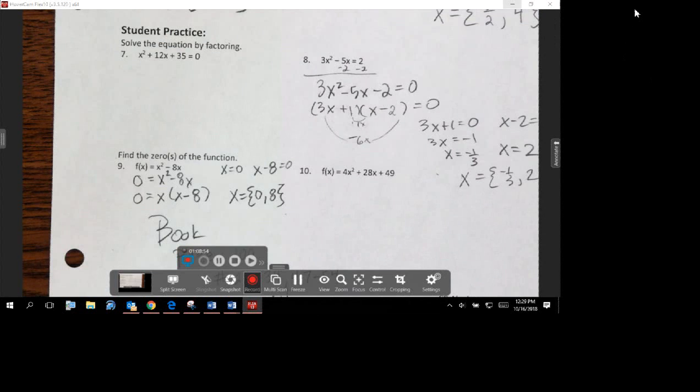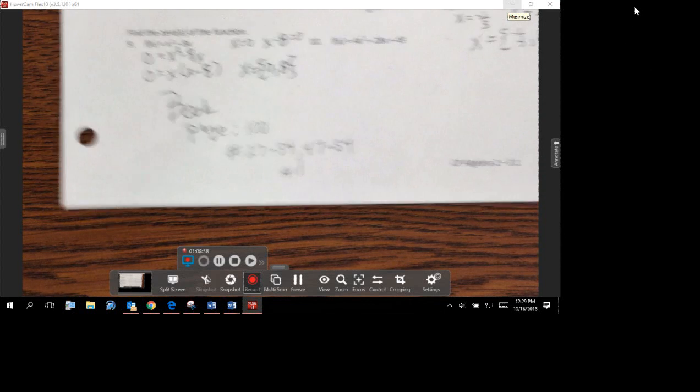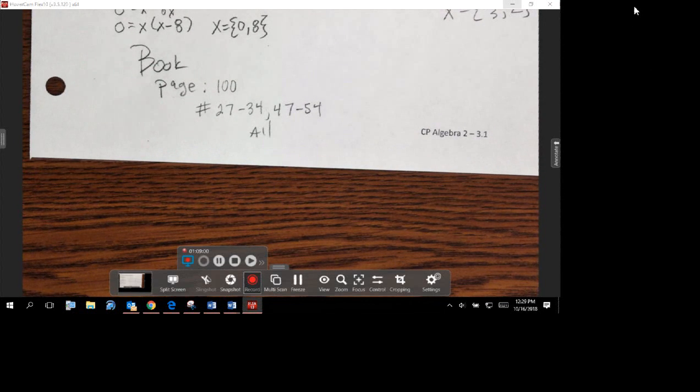All right, the assignment is in the book. It's on page 100. I have lots of books around the room. We also are going to grade that assignment you did on Friday. And the factoring one that we didn't get to grade, you need to get on Canvas to grade that. I'll write that down.